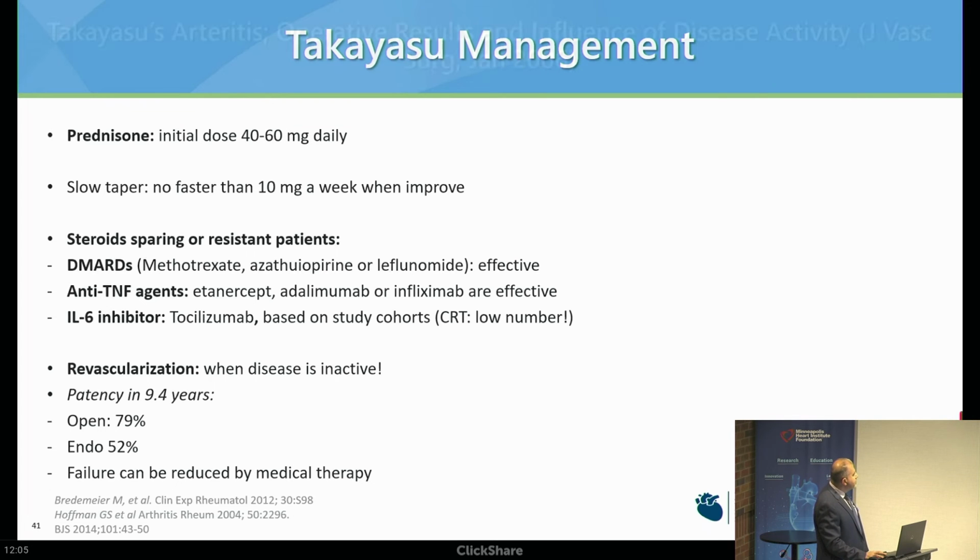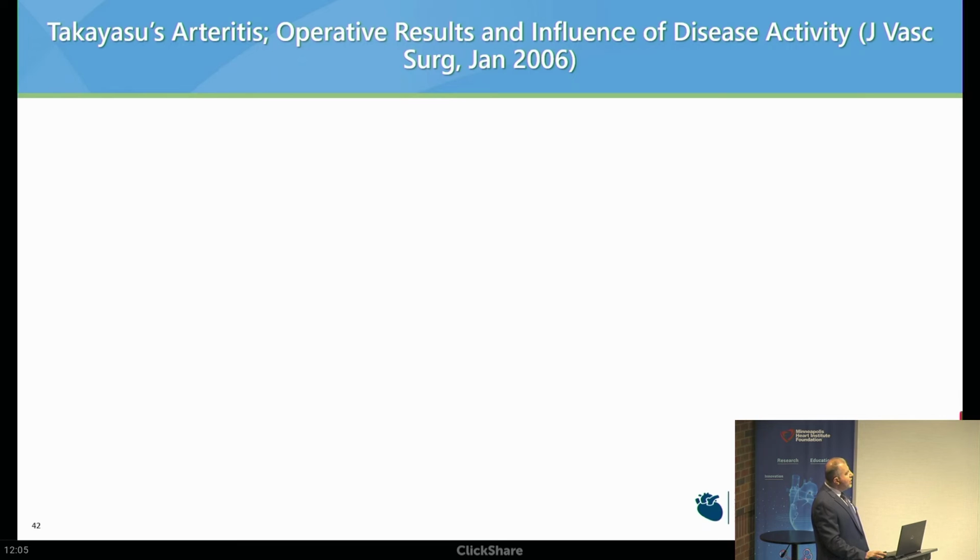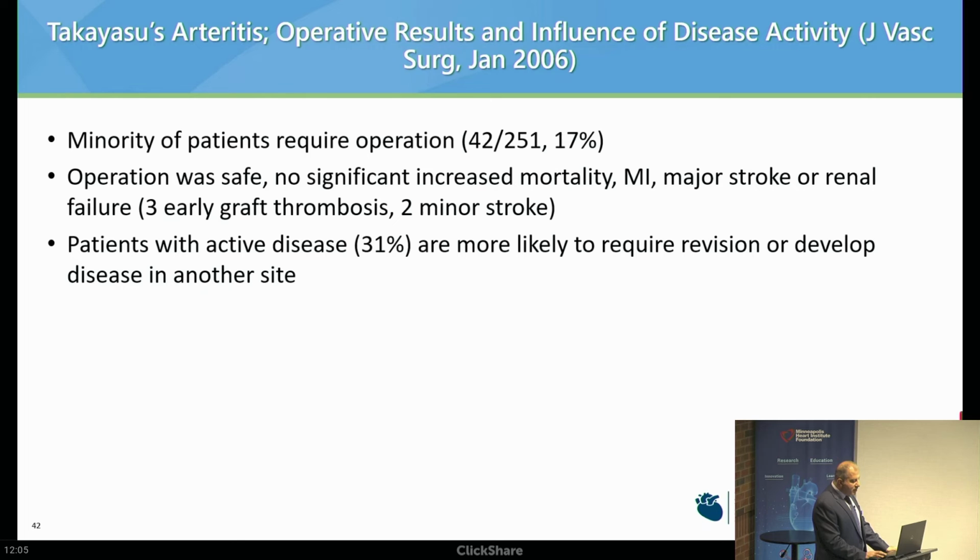And then how about disease activity and outcomes? We talked about how we should really hold off intervening on these patients until their disease is under control. We always try, right? But sometimes they present acutely, so you have to operate on them early on.